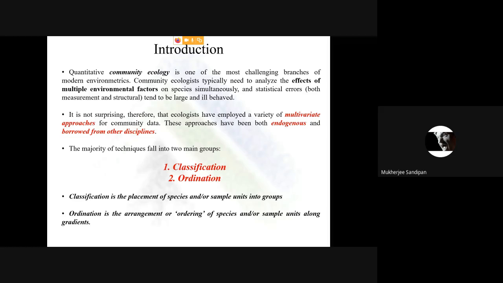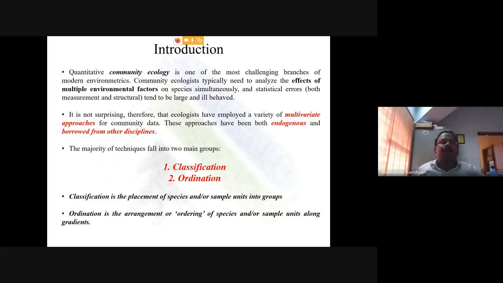I'll not go into the detail of classification. Classification of community ecology data is, in most cases, based on biological classification. That means you first analyze your plant data in terms of species, genus, family, order, and then based on that classification, you compile your environmental parameters.